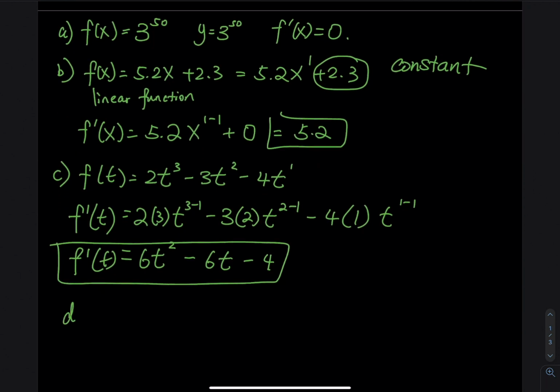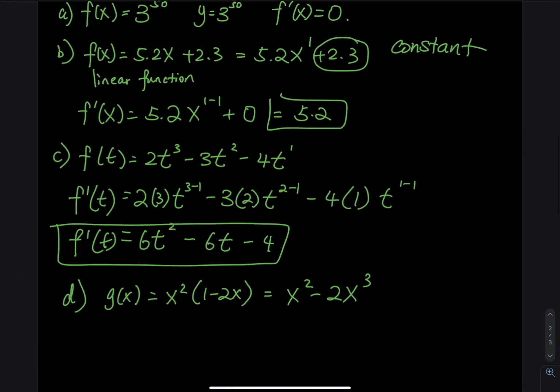D, we have g of x equals x squared times 1 minus 2x. So first, we have to distribute. So x squared minus 2x to the third power. This is a polynomial, right? So the slope changes all the time. And then your g prime is the 2.